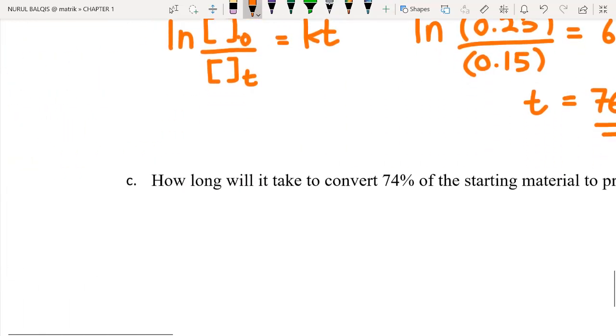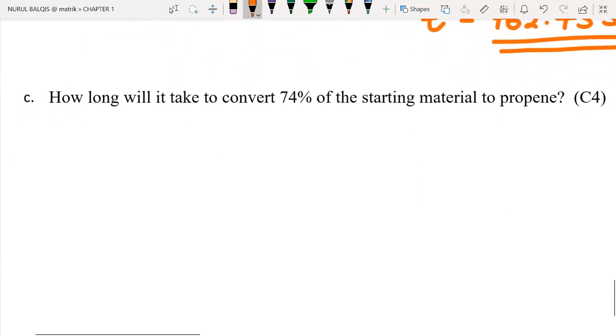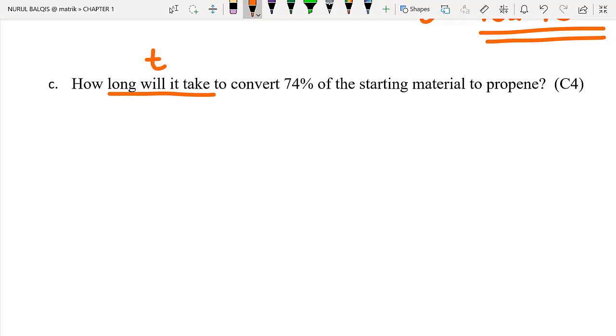Okay, next, for the last question, it asks you, how long will it take? So again, they ask for time. This is going to be the time to convert 74% of the starting material to propane. It means that the amount being converted is 74%. In order to become propane, 74% of cyclopropane must decompose.